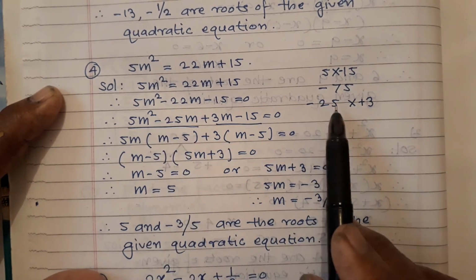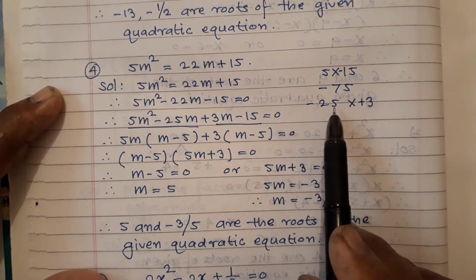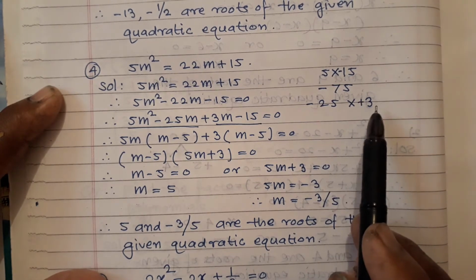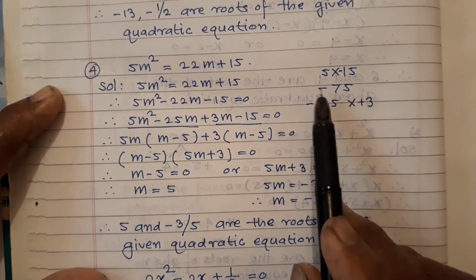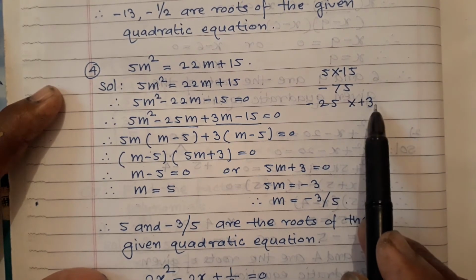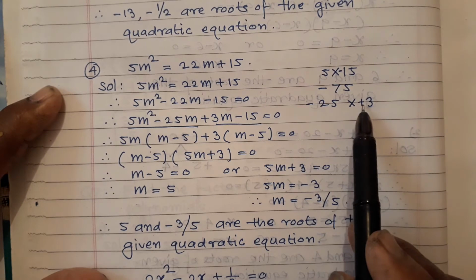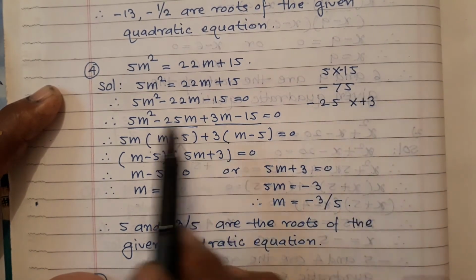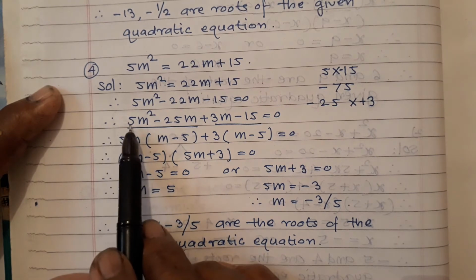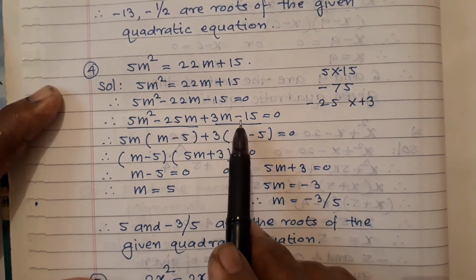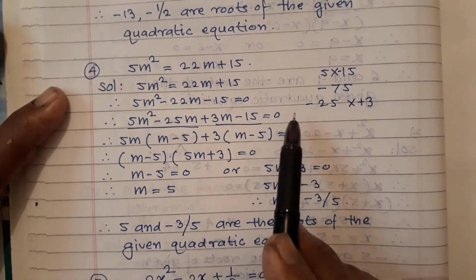So minus, therefore 25 is what? Minus. And then the sign of this you adjust. Here you want the product to be what? Minus 75, and therefore this sign is positive. Negative into positive gives you what? Negative. Okay. Then therefore 5m square minus 25m plus 3m minus 15 is equal to 0.